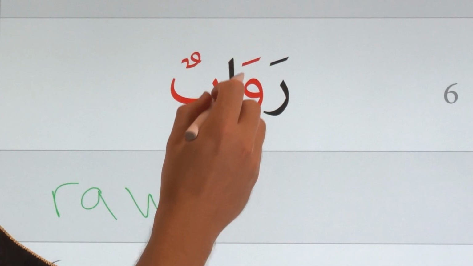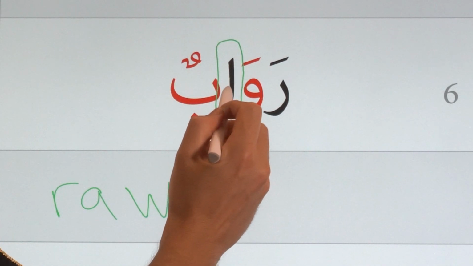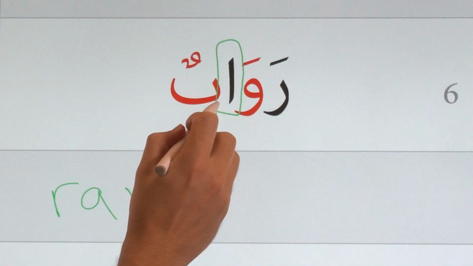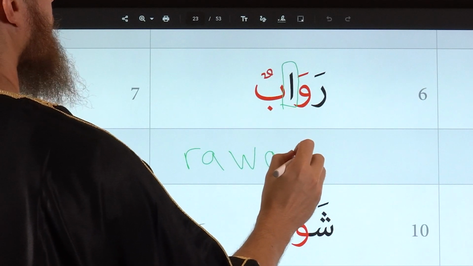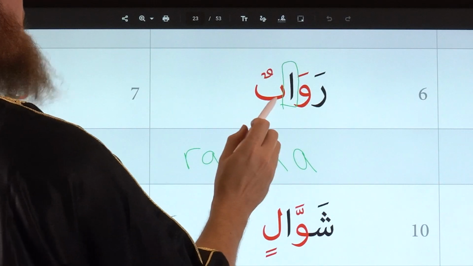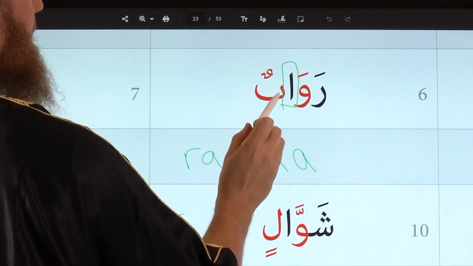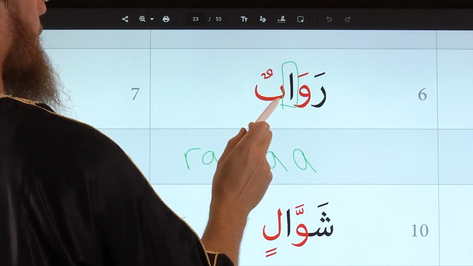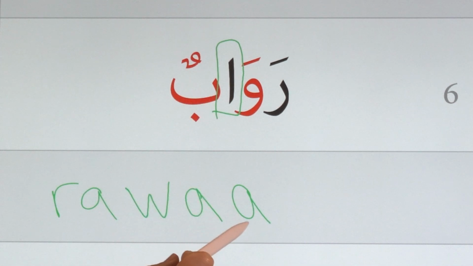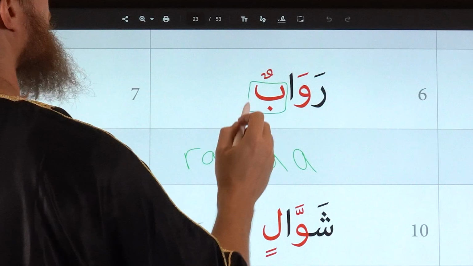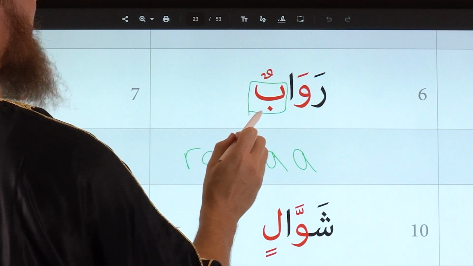So next we see a straight line that does not hook down to the left, nor does it connect to the letter after it, meaning this is the letter Alif. So we're going to write an A for the Alif. And as we mentioned, the Alif will never have a haraka. It's always going to have a sukoon. So we will pronounce it like the Fatha as A. And lastly, we have this U shape with one dot beneath, meaning this is the letter Ba.